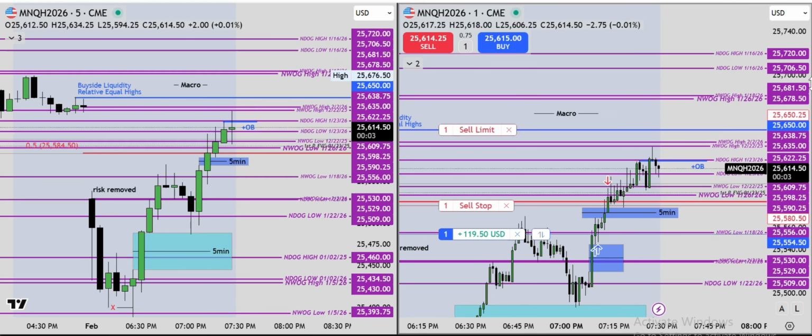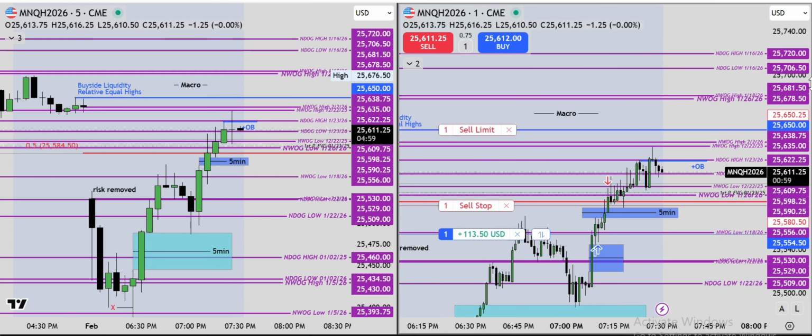But I've already taken a partial, and I've locked in. I've moved my stop up to lock in some more profit. So I just want to see if we have enough juice to reach those relative equal highs. I'm now playing with the mean threshold of that order block.